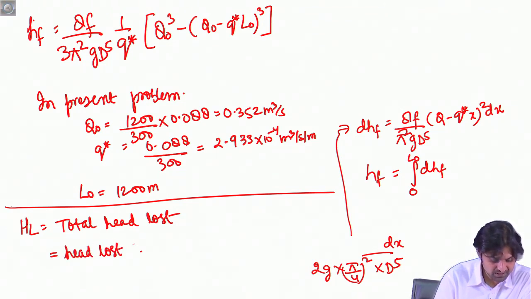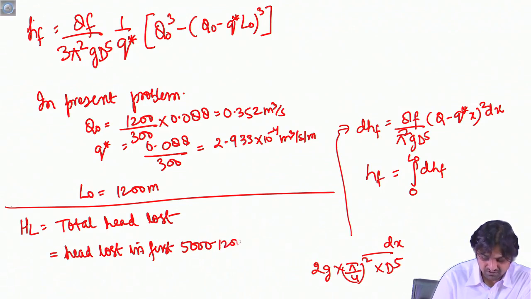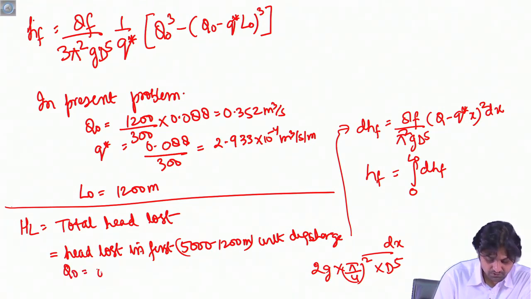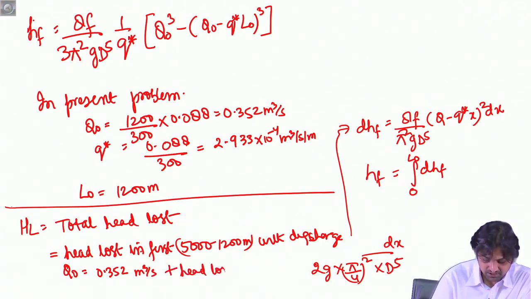So head lost in the first 5000 meter with discharge Q naught equal to 0.352 meter cube per second, plus head lost in the last 1200 with uniform withdrawal.